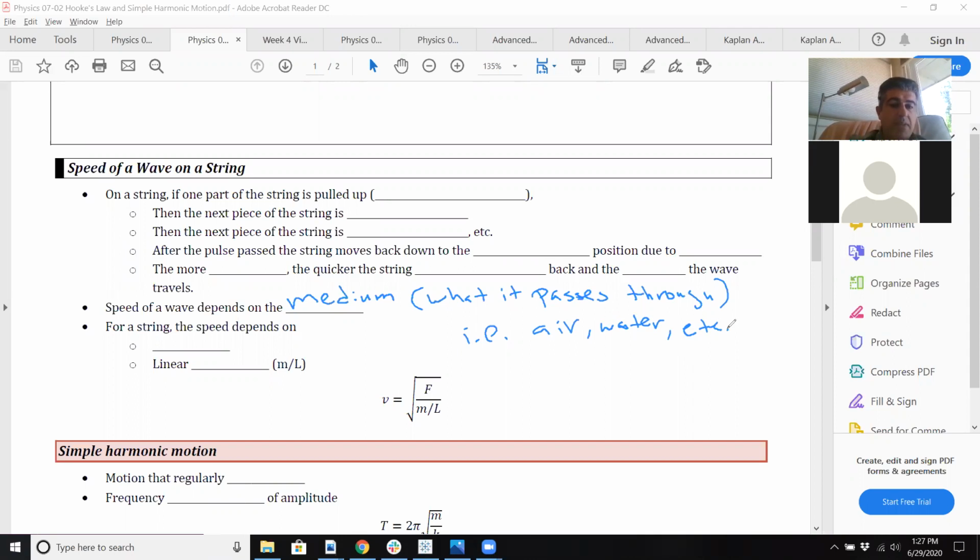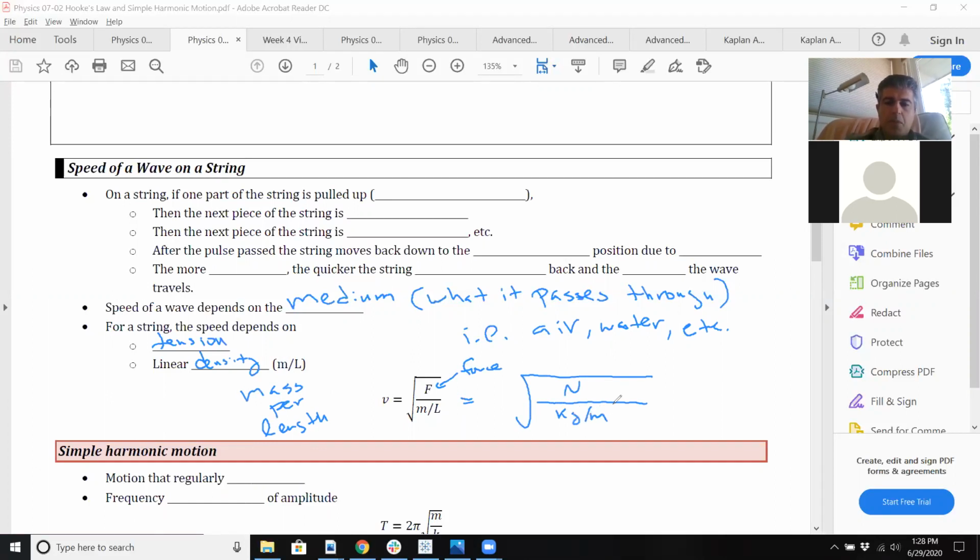For a string, the speed depends on the tension in the string and the linear density, which is defined as mass per length. F is force, of course. If you think about the units, that's newtons over kilograms per meter.